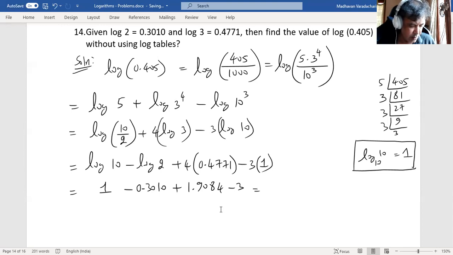We get the answer as negative 0.3926. That's the value. That's the solution for this.